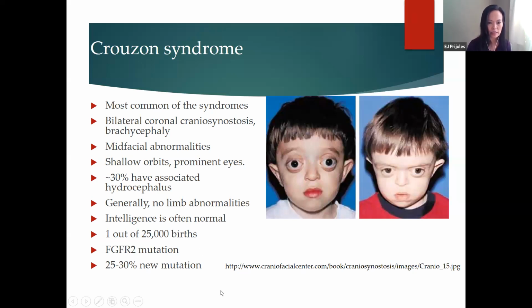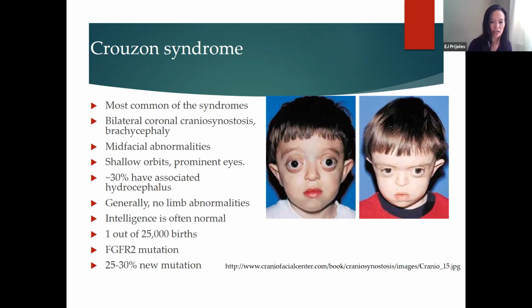And so you can see these mid-face abnormalities, and the orbits appear shallow and the eyes appear prominent. Approximately 30% have hydrocephalus. So again, something to look out for in these individuals who you suspect have craniosynostosis. Some of the other craniosynostoses have typical limb abnormalities, but Crouzon syndrome usually we think of as having normal hands and feet.